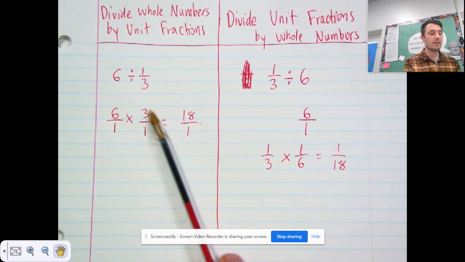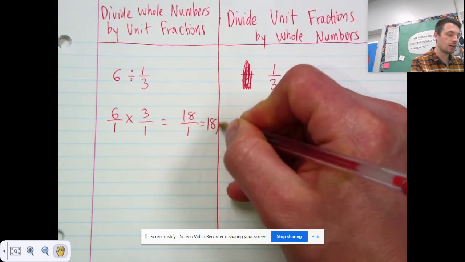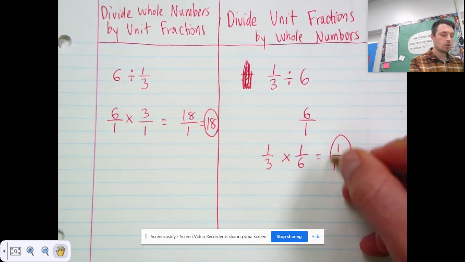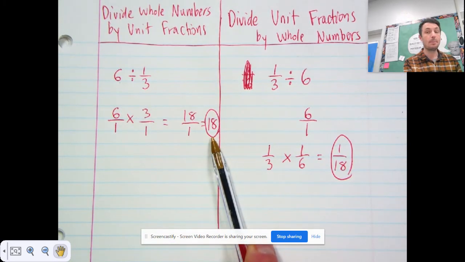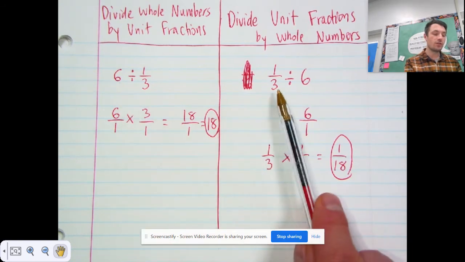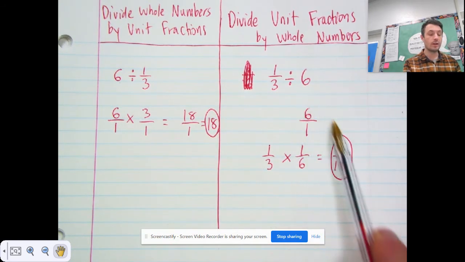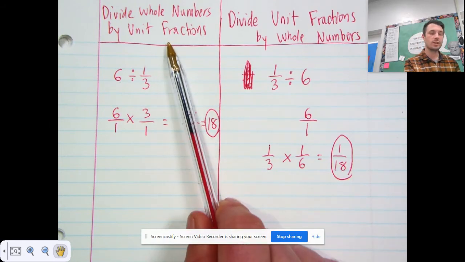So we get a number even bigger because 18/1 means the same thing as 18. So when you divide a whole number by a fraction, you get an answer that's bigger than the whole number you started with. But when you divide a fraction by a whole number, you end up with an extra small fraction.